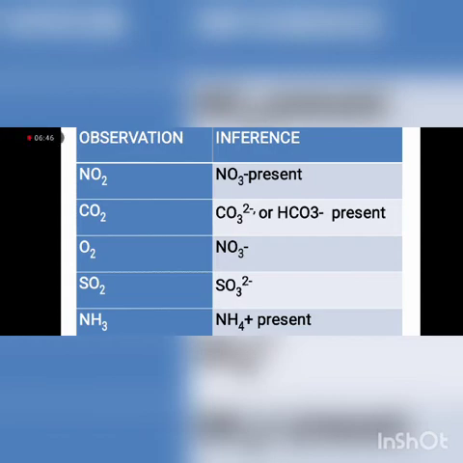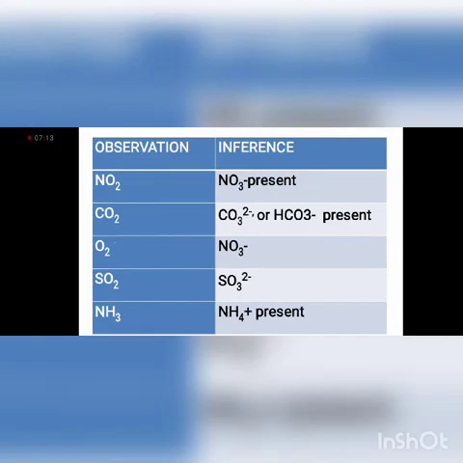And if sulfur 4 oxide is evolved after heating, it shows that trioxosulfate 4 is present. And if it is ammonia that was produced after heating, that will indicate that ammonium salt is present. So the kind of gas that is being produced after heating will determine the kind of radical that will be suspected, whether it is present or absent.